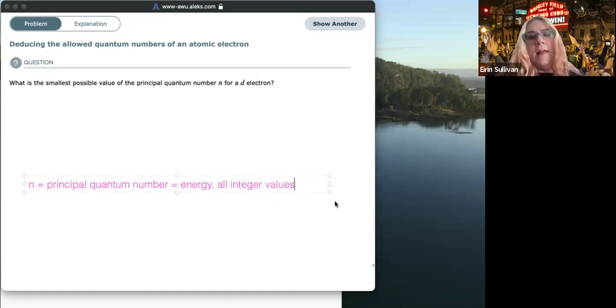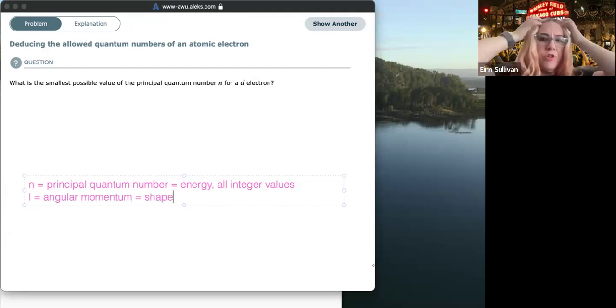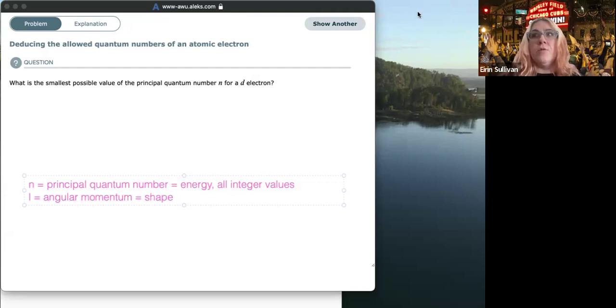And then L is the angular momentum quantum number, sometimes called the azimuthal quantum number. And that represents the shape of the orbitals. Okay, so remember, it's a probability distribution function. So there's like a 3D boundary surface for each of those, what you would probably refer to as a subshell.